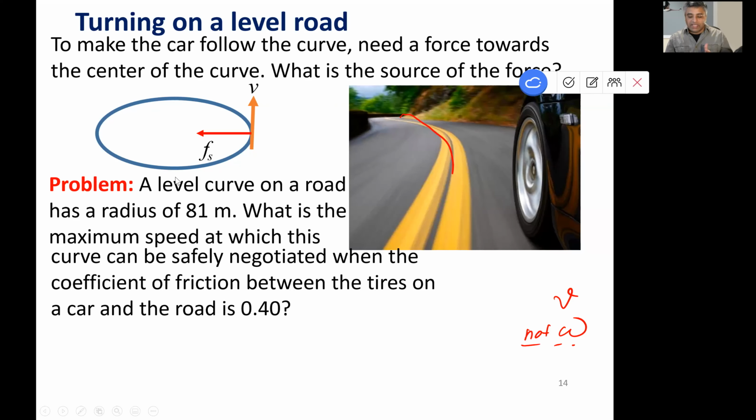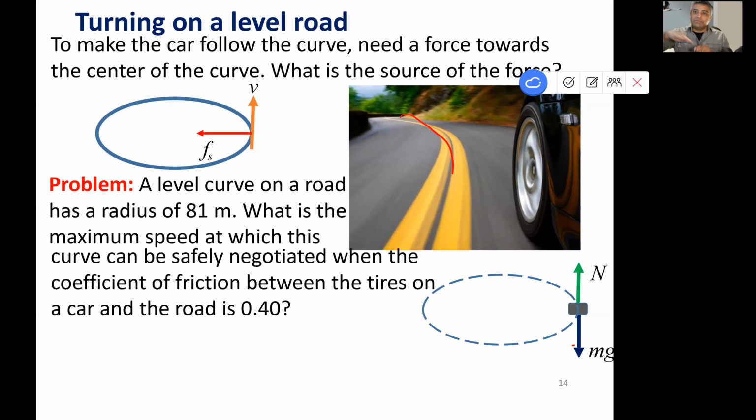So we can solve problem like this. It is basically the same coin problem, okay? So we can make free body diagram. In coin problem, there was a friction force towards the center, weight of the car, and normal force, assuming the road is flat, okay?